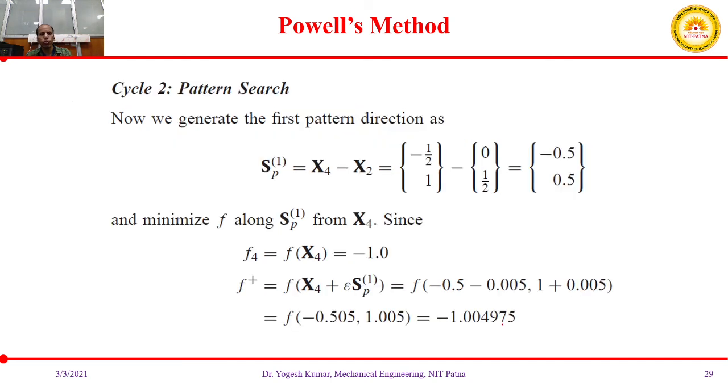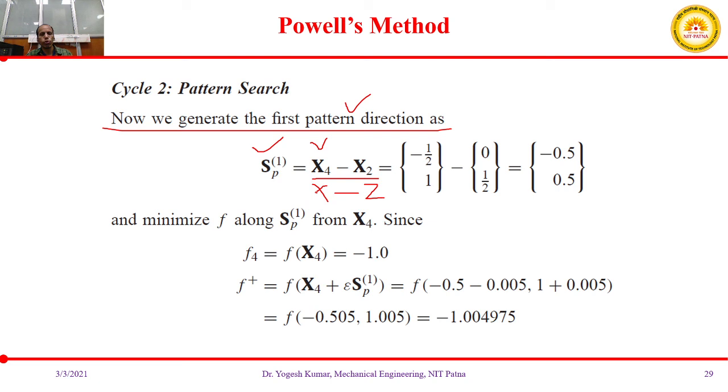So what we will do is take a new search direction. This search direction is called the pattern search direction. The first pattern direction will be p1 equal to x4 minus x2. I hope you understand why I have taken this pattern direction as x4 minus x2, because this is x minus z.